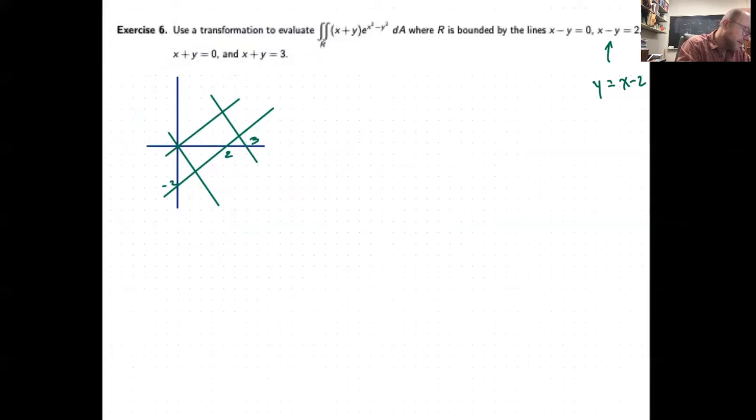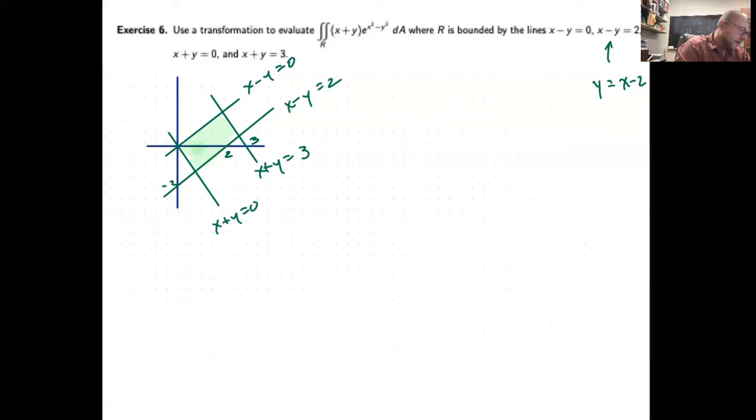You may not really need them, but x minus y equals 0, x minus y equals 2, x plus y equals 0, x plus y equals 3. And then I feel like I ought to try to shade it in. Don't waste a lot of effort with shading though. Okay.